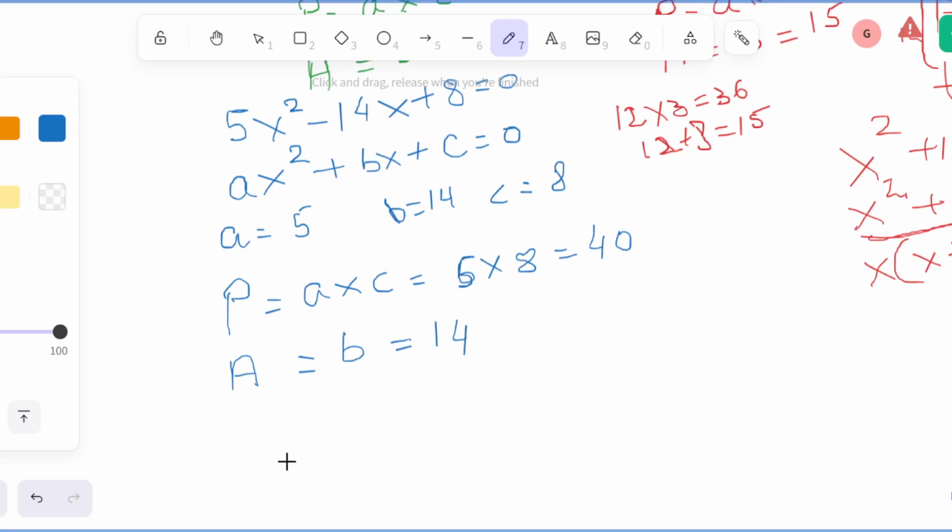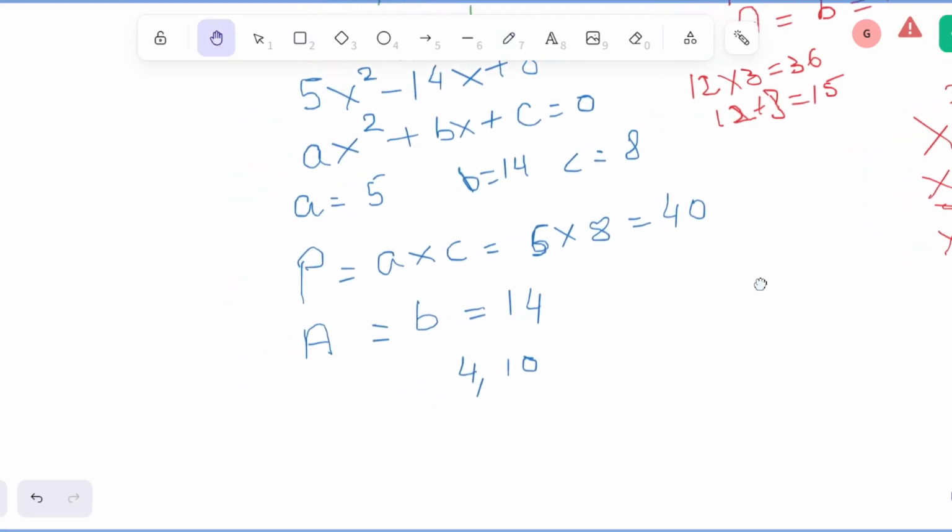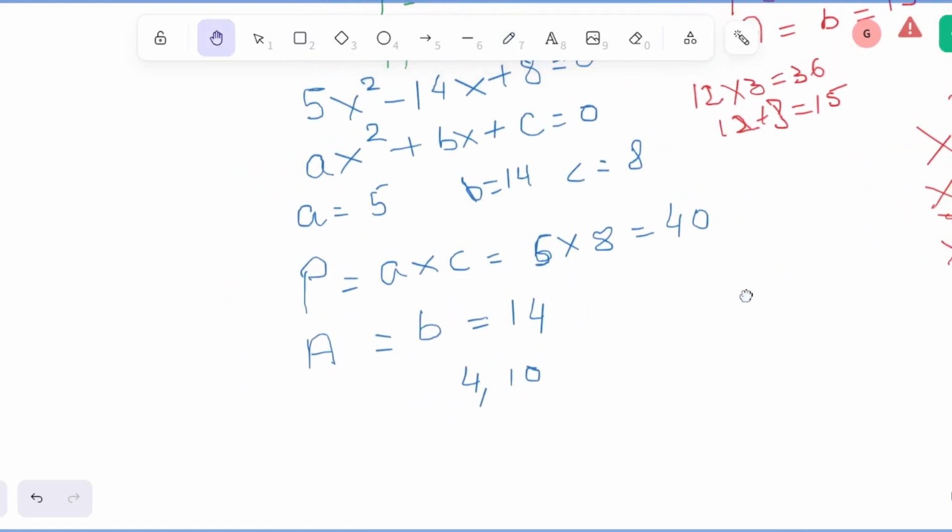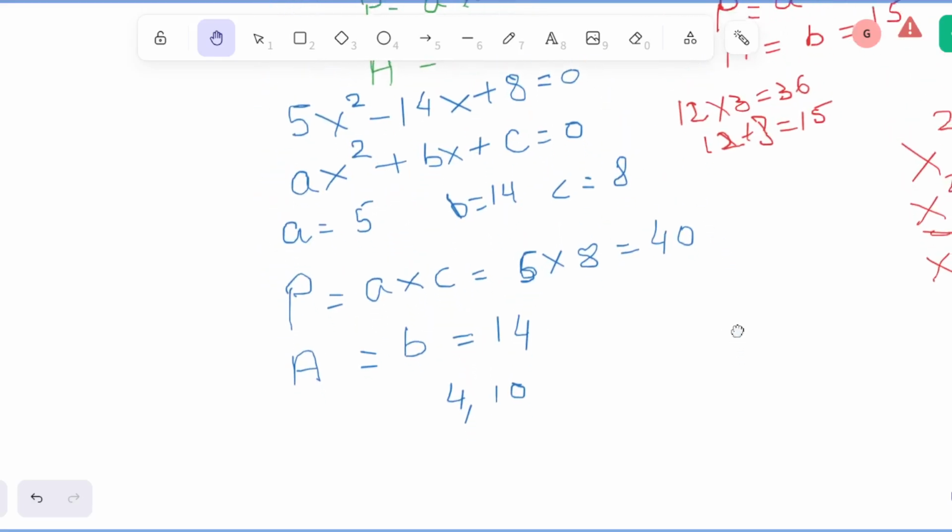Yes, that's correct. So those numbers are 4 and 10. Well done. So now what we'll do, we will factorize it. Let me take it a little up. So 5x square minus 14x plus 8, right?